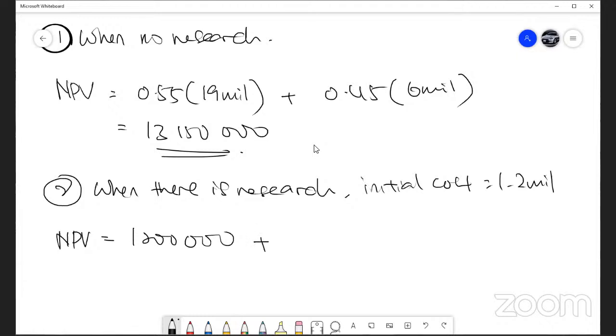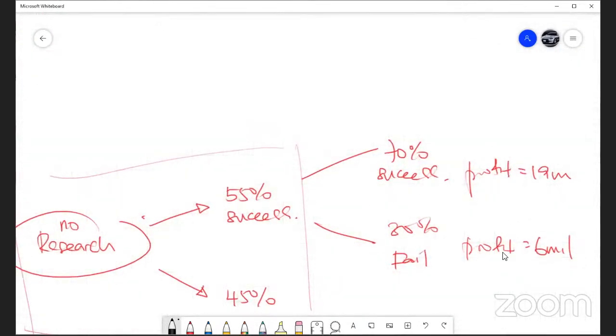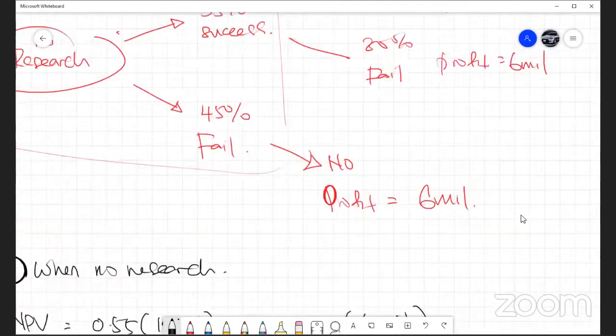Then your probability increases definitely. It's 19 million multiplied by 0.7, plus 6 million multiplied by 0.3. Look at the graph here: 70% success, 30% fail.